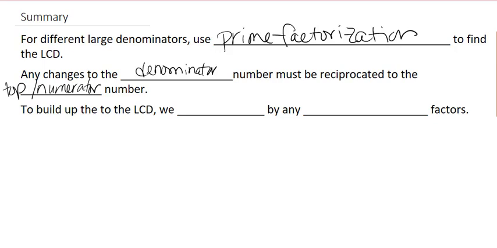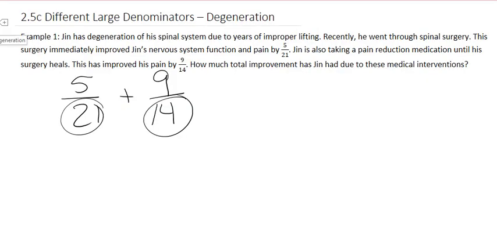So to build up to the least common denominator, we multiply by any missing factors. So let us go back to the problem to solve for this.